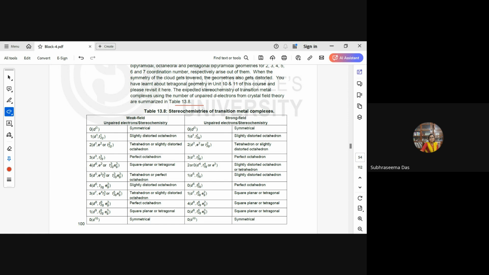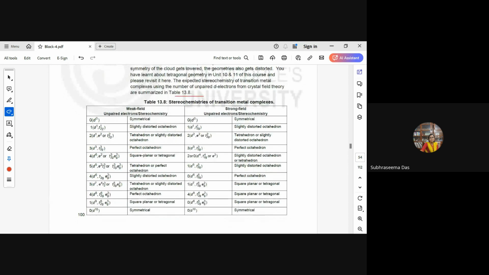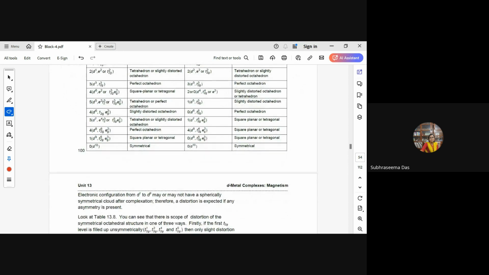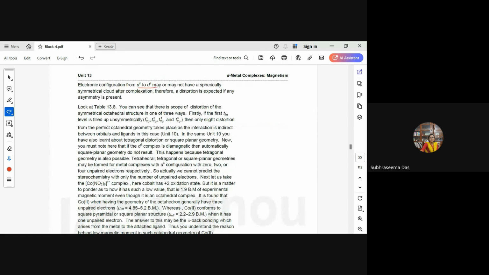Now in a weak field, if it is d1, it indicates t2g1, so here it is a slightly distorted octahedron. Similarly, we can look into this table and predict the stereochemistries of the different transition metal complexes. The electronic configurations from d1 to d9 are different, and distortion is expected.